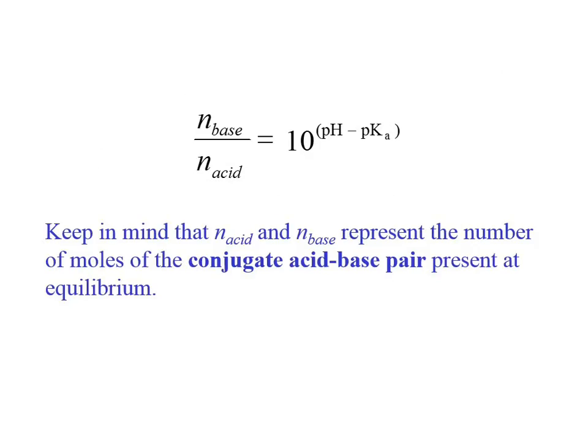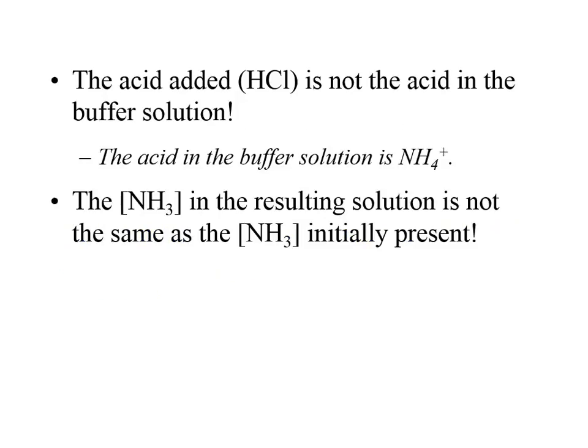All right. But remember, the subscript acid is not your strong acid. It's your conjugate acid that's created from your weak base. All right, so here's what's going to happen with the chemistry then. Can you see where basically we are going to convert some of our ammonia?